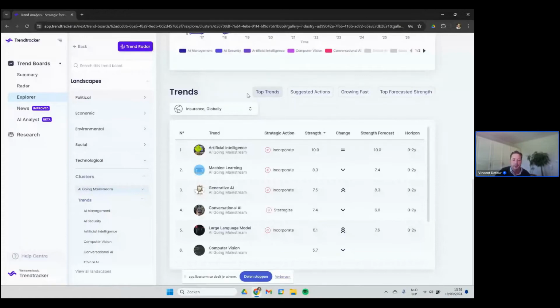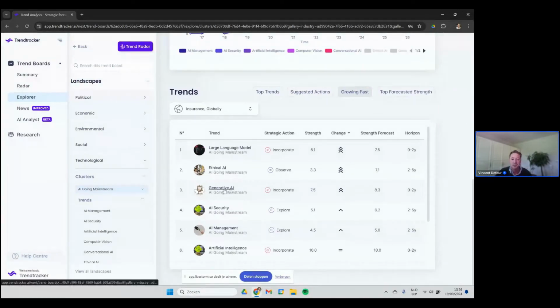You can say, okay, within this AI is going mainstream macro force, which of these actual trends are really driving that macro force? So which have the highest scores, or which ones are growing fast? And of course, the actual AI models then go a level deeper, and actually you can click on it, but I will show you that later, what happens if you go to the lowest level of analysis.